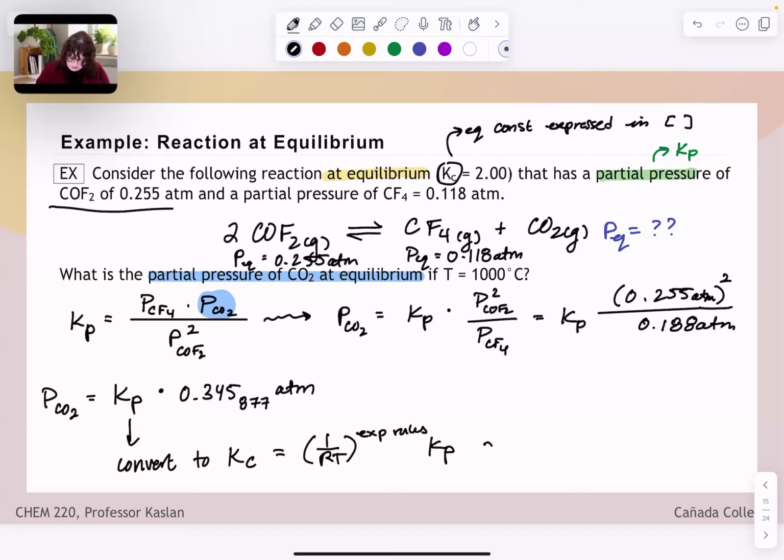In other words, Kp is equal to Kc over 1 over RT raised to the exponent rules. So what are these exponent rules here for us? In our original Kp, we had 2 over 1.